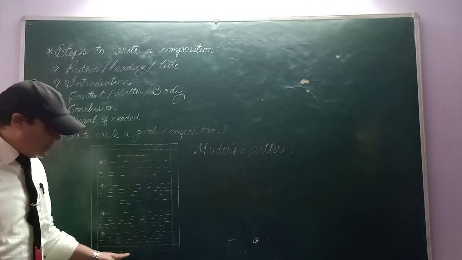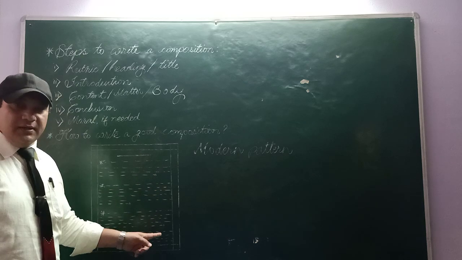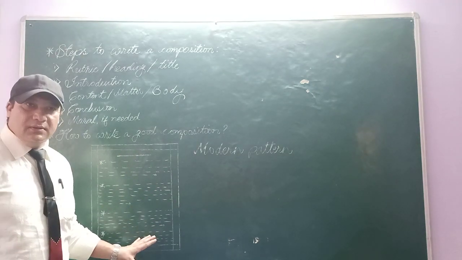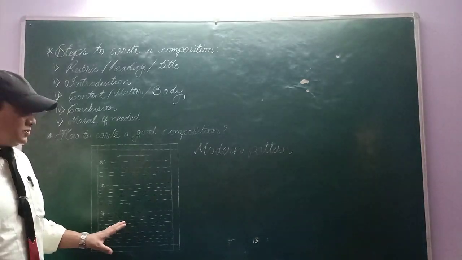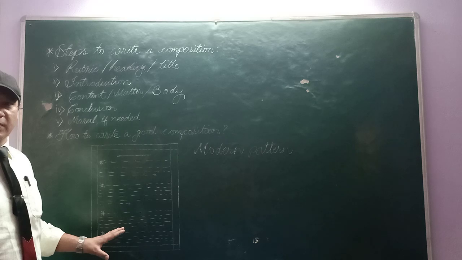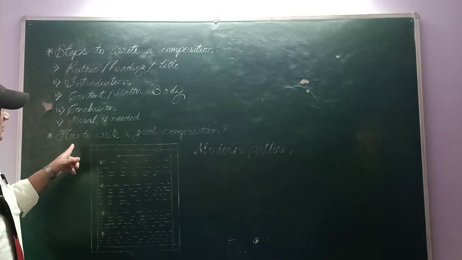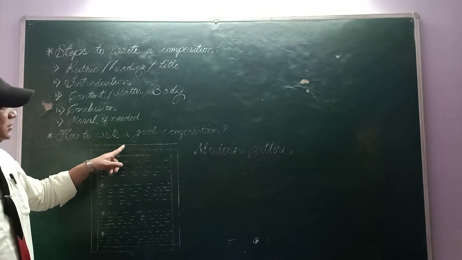So once again, this is very important, because if you are writing a composition away from this format, then it will be cancelled. It will not be checked, and no marks will be given. So please know. See how to write a good composition.